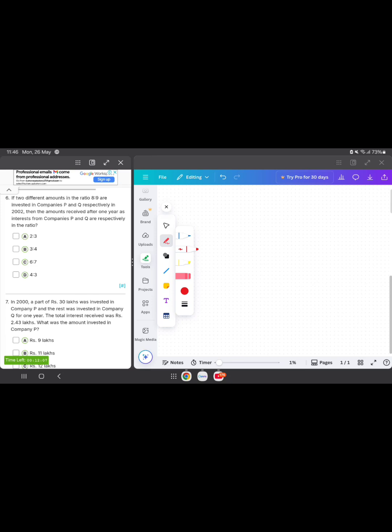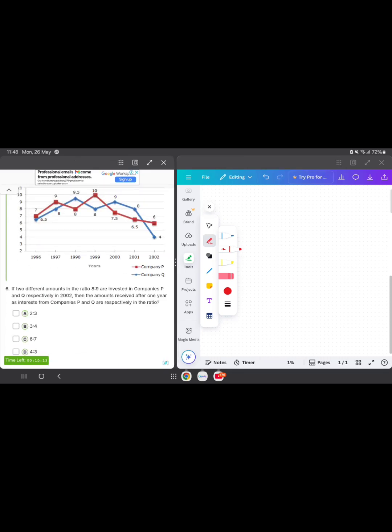If two different amounts in the ratio 8:9 are invested in companies P and Q respectively in 2002, then the amounts received after 1 year as interest from companies P and Q are respectively in the ratio. Okay, so in 2002 we can look at 4% for Q, and then for P we've got 6%.